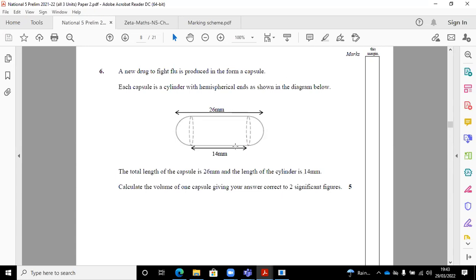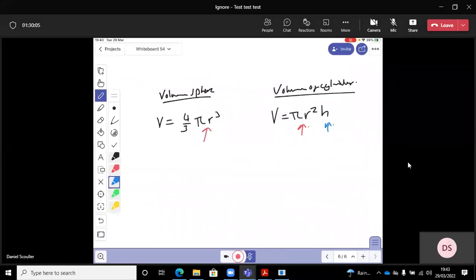Okay, so the diameter is 12, radius is going to be 6. So we go back to our equations.